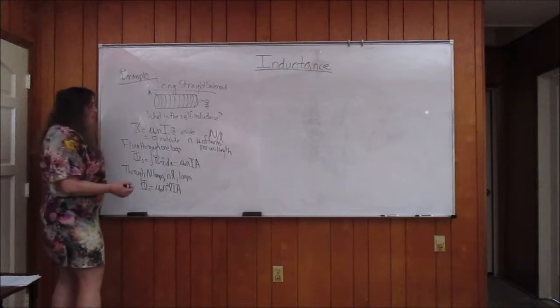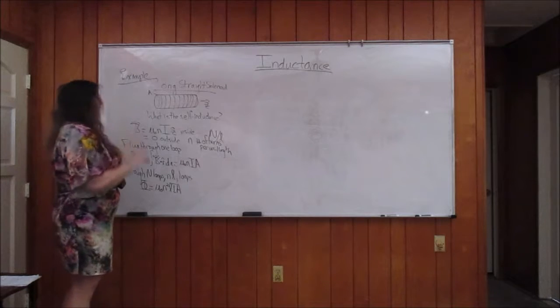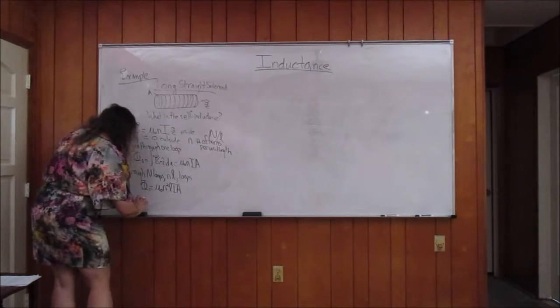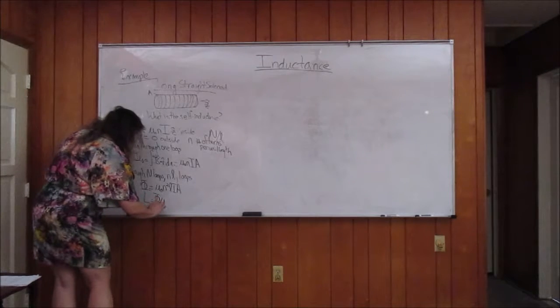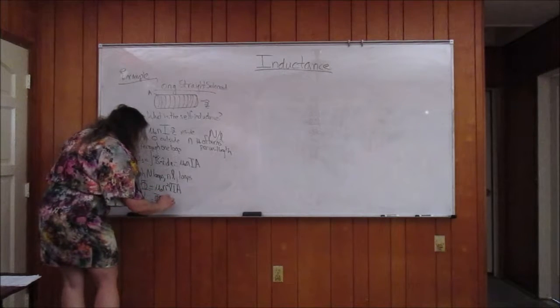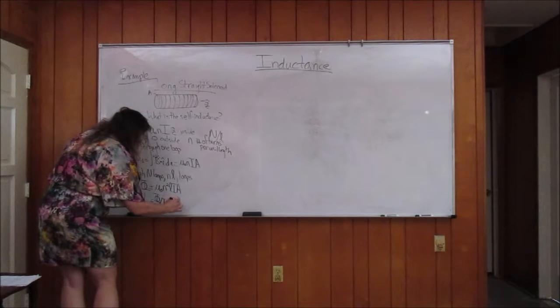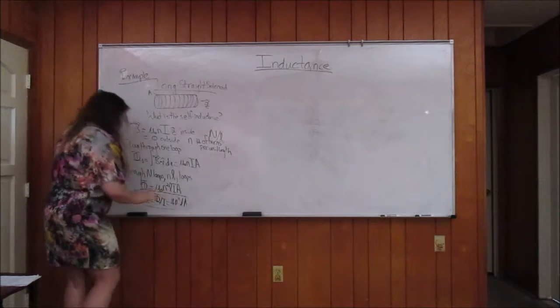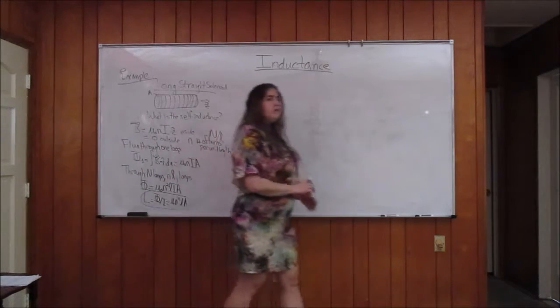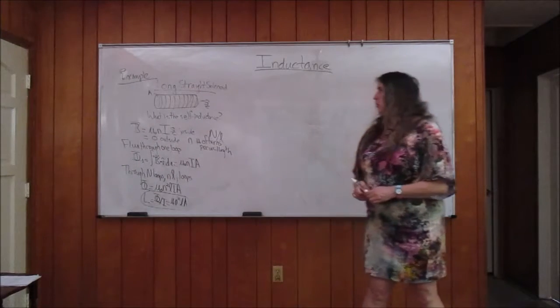To determine the inductance, since we are dealing with a rigid stationary circuit, self-inductance is just phi over I, or mu naught n squared l A. So once again, the inductance is a function solely of the geometry of the system in question.